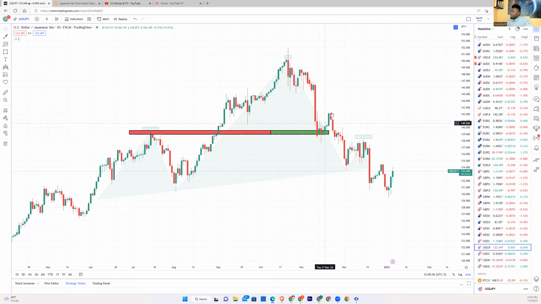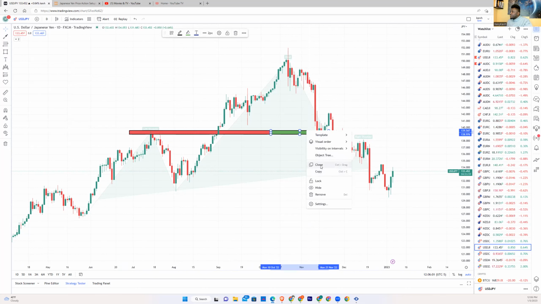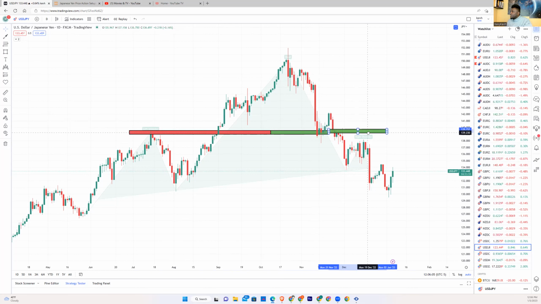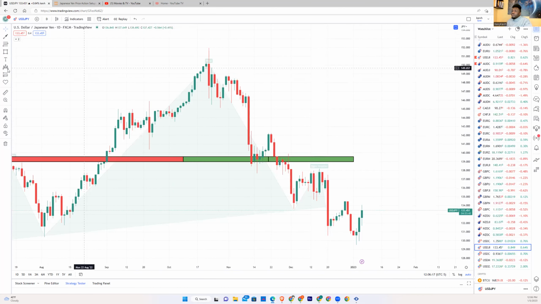Market gets here, bounces back up. But guess what happens? Market decides, this is a beautiful support, but it's a weak support. This support is not supporting me as it should be. So look at what happens here.